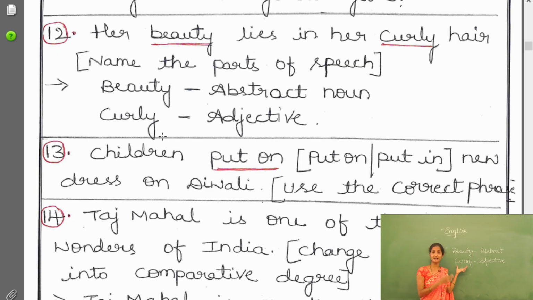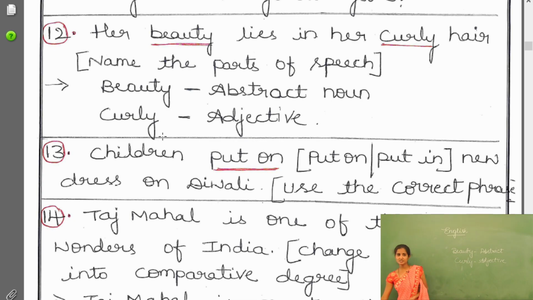Curly, this word, is telling us about the noun there. Hair is the noun and curly is the adjective. Curly, curlier, curliest. Is that clear? You all know that a noun is the name of a person, place, animal or thing. An adjective describes the noun and pronoun.